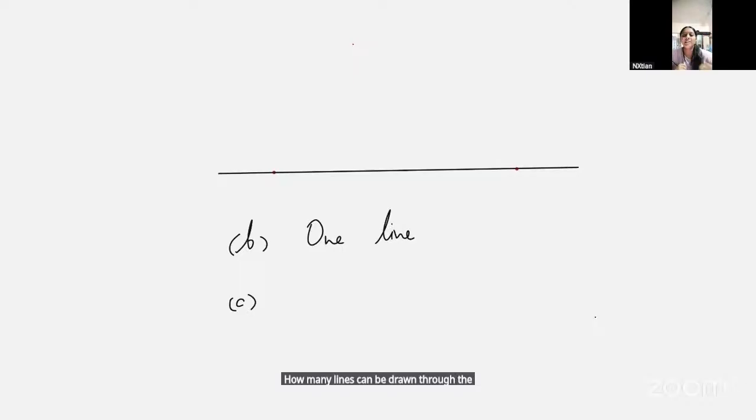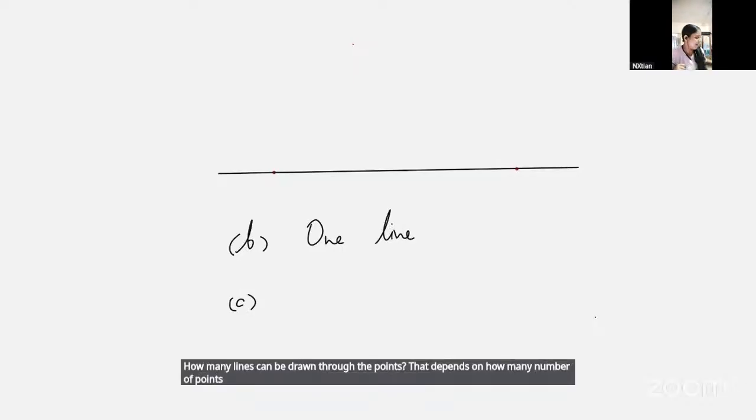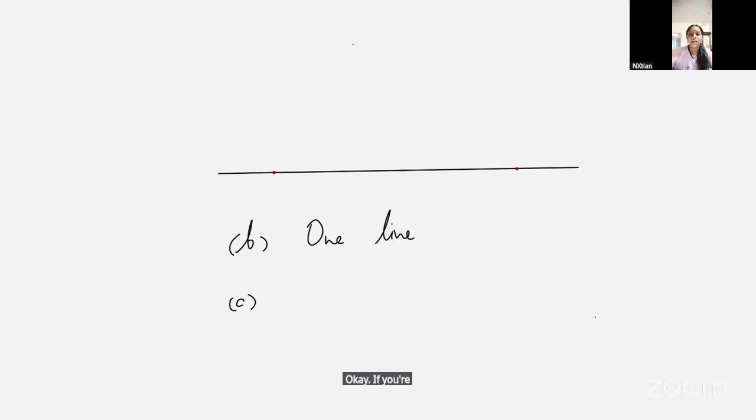That depends on how many points you have. If you have 1 point, any number of lines can be drawn through it. If you have 2 points, one line can be drawn through.